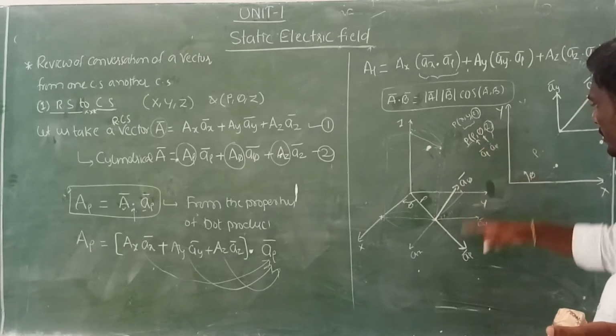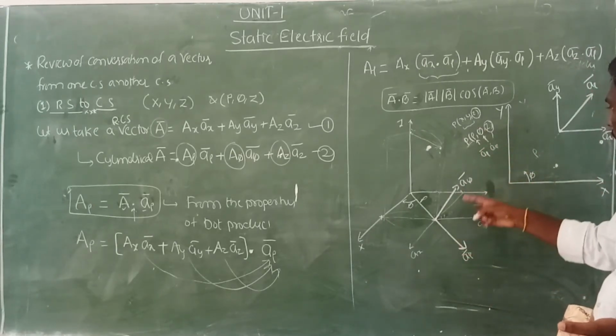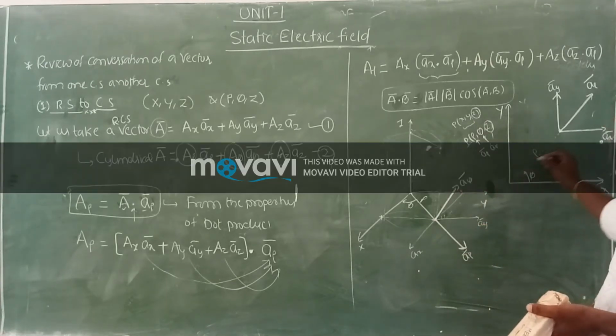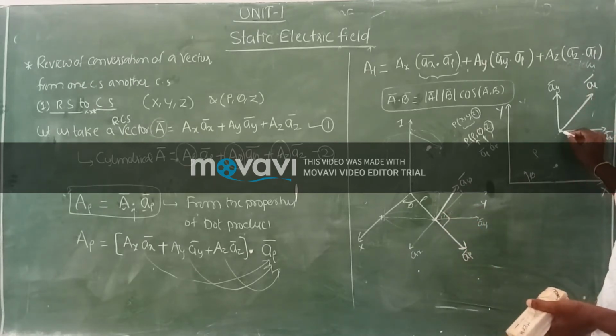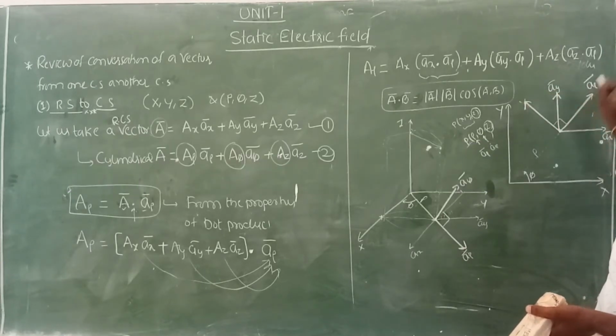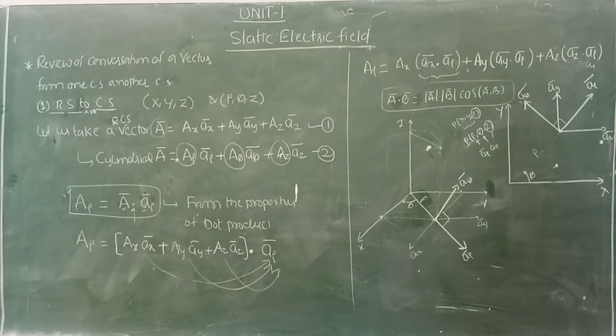A phi bar is in the direction of what? See, how should we represent the A phi bar here? As the angle between A rho bar and A phi bar is 90 degrees, we should draw the A phi component 90 degrees to the A rho component. This is my A phi bar. Now tell me the angles.